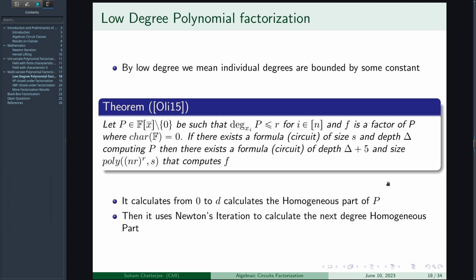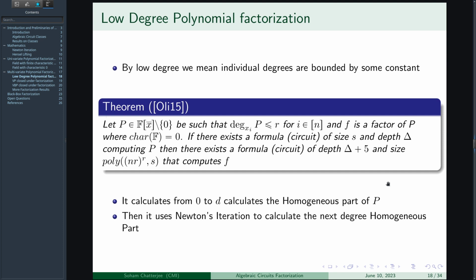So if individual degrees are bounded, in a characteristic zero field obviously, then we get a circuit or formula of a factor in size polynomial in n^r and s, and depth increases by 5.